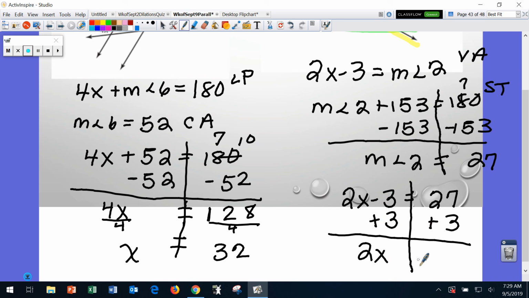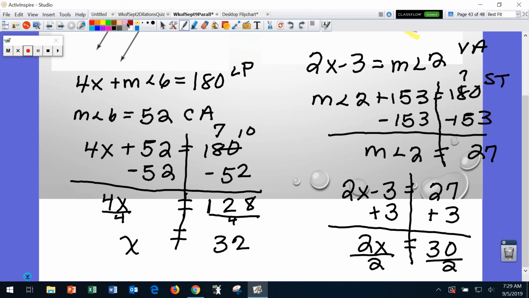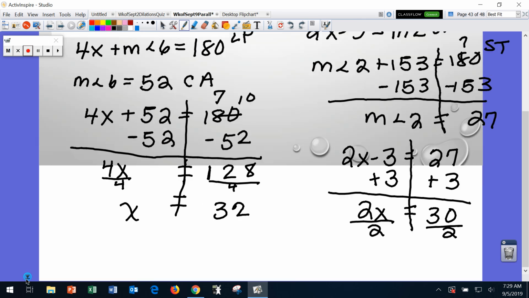So this becomes 2x equals 30, divide by 2 over 2, x equals 15. And we are finished with both of these.